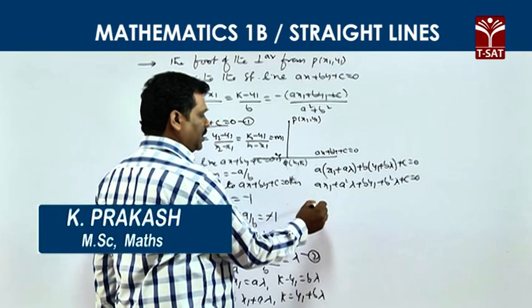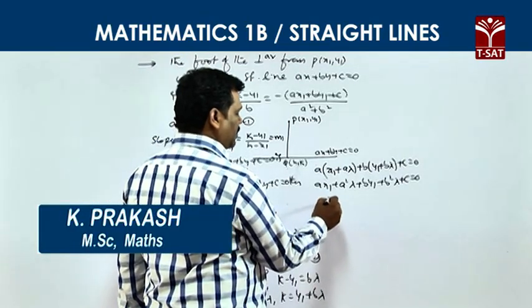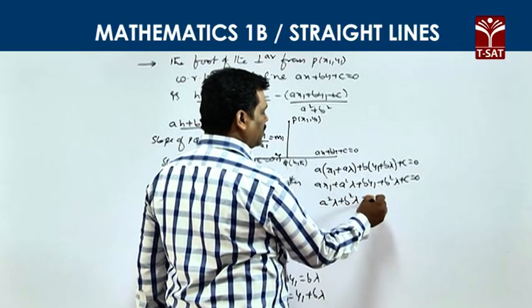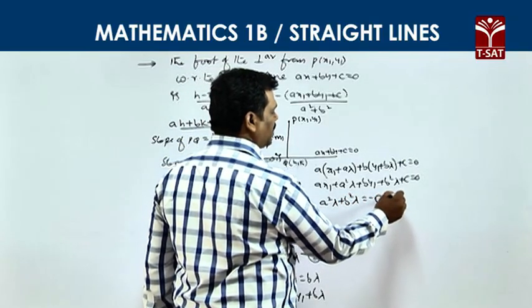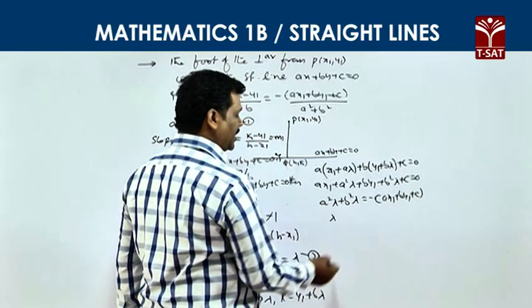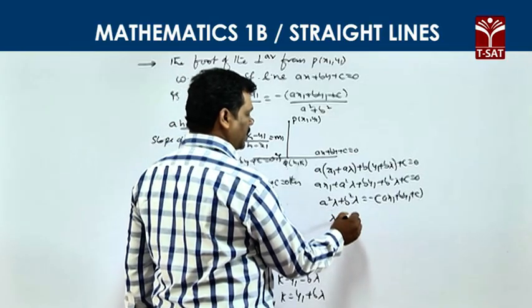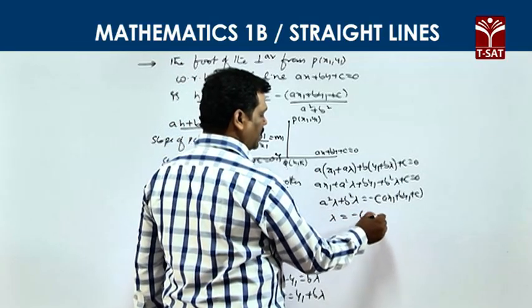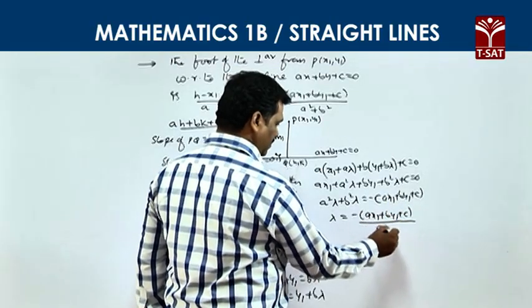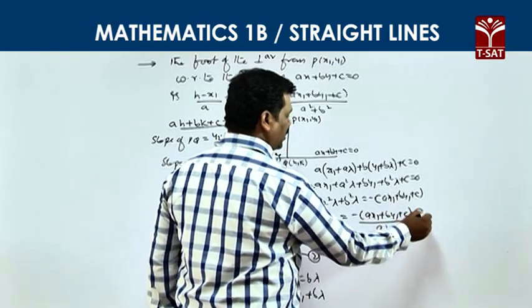So a square lambda plus b square lambda is equal to minus of ax1 plus by1 plus c. Taking lambda common, we get a square plus b square. This goes to the right hand side: lambda equals minus of ax1 plus by1 plus c by a square plus b square. This is equation number 3.